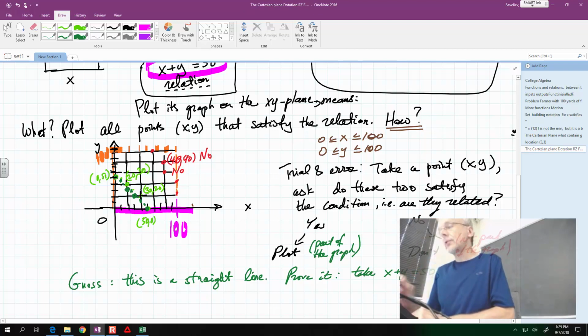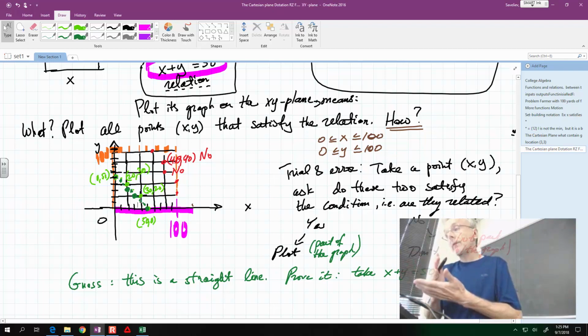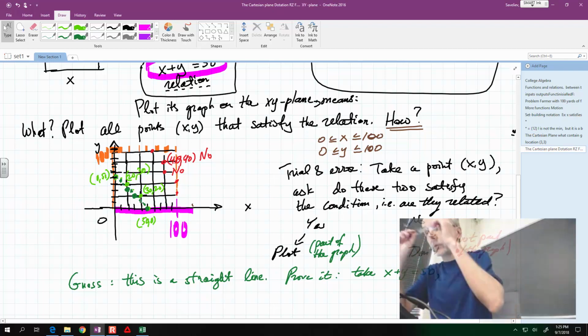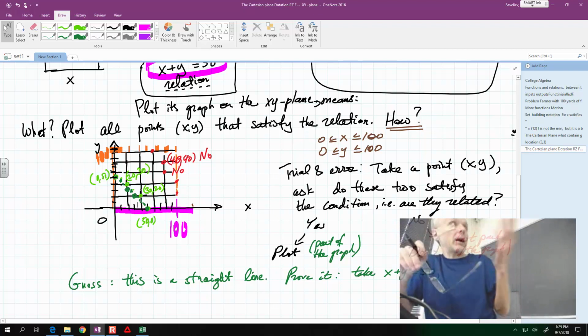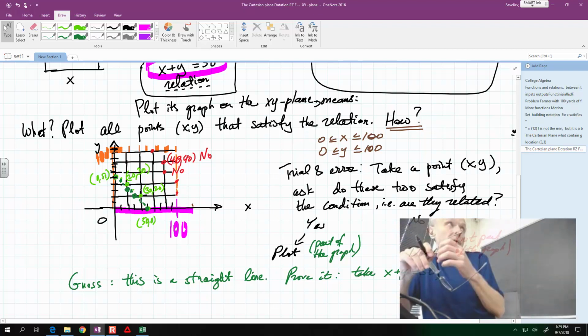It tells us that the points seem to be located on a straight line. If we want to be precise, there are infinitely many points there, and we only know some of them. The data is limited. So can we make it precise so that we know for sure that it is a straight line? So what do we do with the formula? The formula x plus y is equal to 50 is our relation. So what do we do with it?